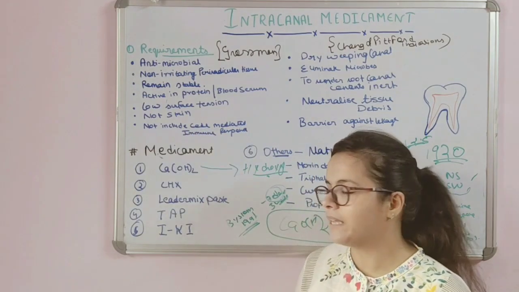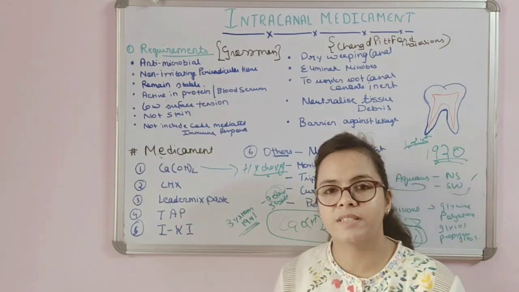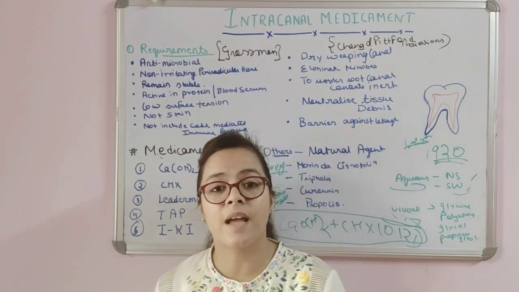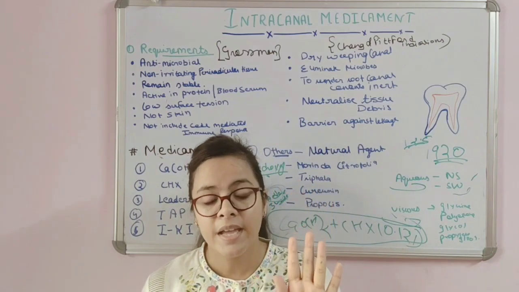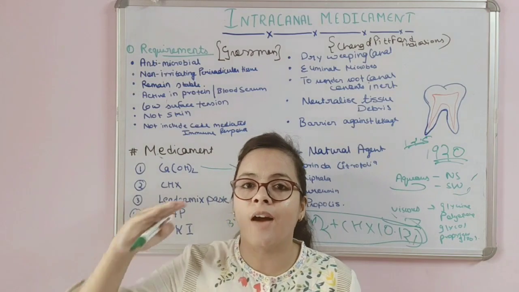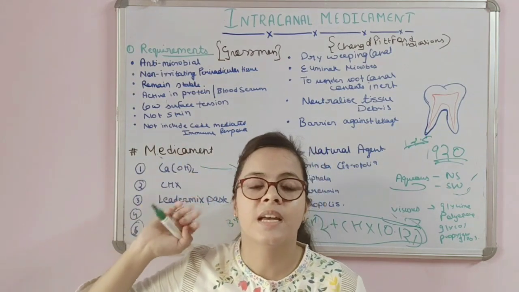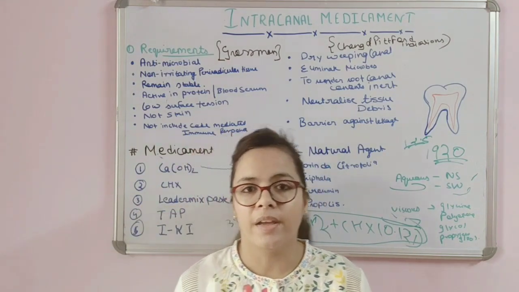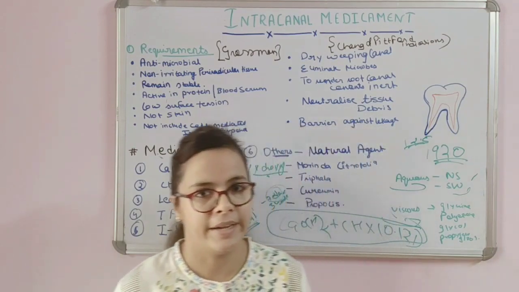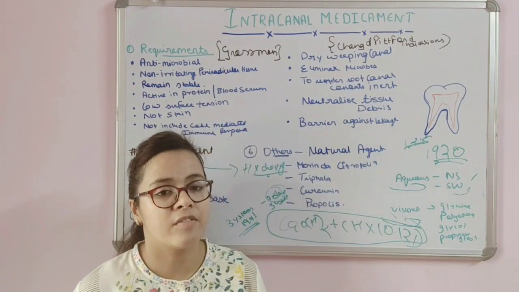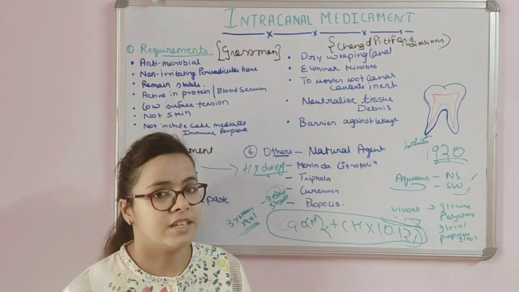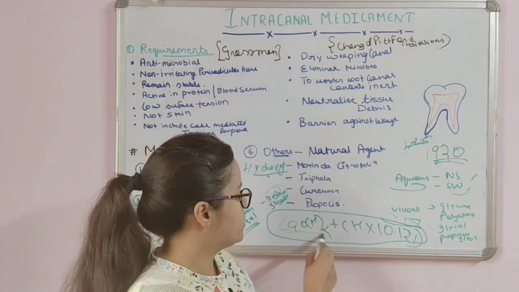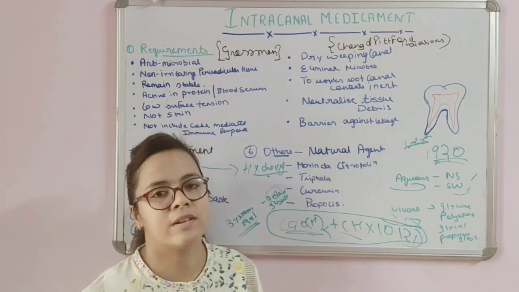There is an article by Byström in 1991 which said that if calcium hydroxide is applied for 5 days, it could eliminate the bacteria for up to 7 weeks. See how much bacteria can be eliminated. But to see the synergistic effect, you have to use a combination of calcium hydroxide and chlorhexidine.